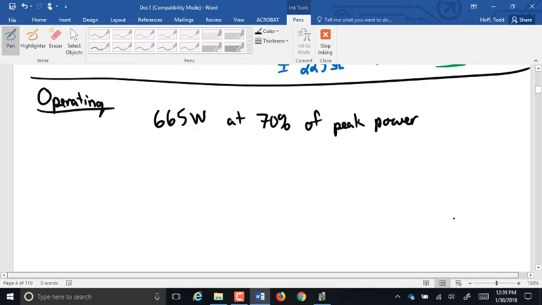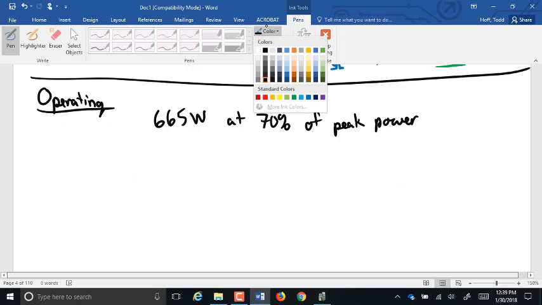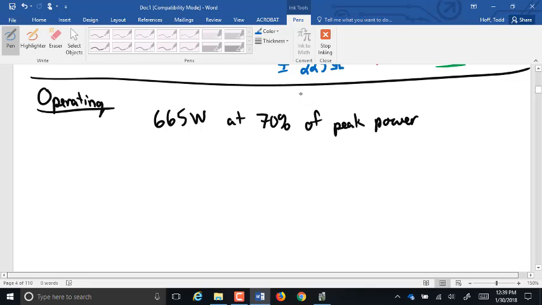How would I find the peak power? What do you guys think?